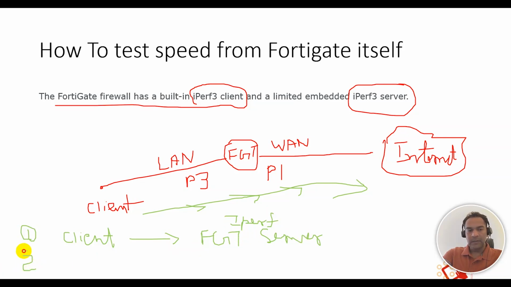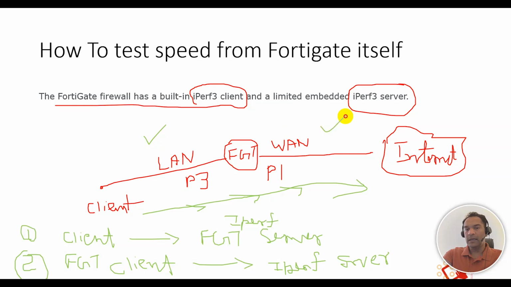Then you can make FGT the client using iPerf and send the iPerf traffic to some iPerf server on the internet. That way you can test the speed between FGT and the internet. So you can isolate how much speed you are getting here and how much speed you are getting there, between the client and LAN and between FortiGate and the WAN. And then you can also try sending from the client to the internet, so you will come to know where the problem exactly is.